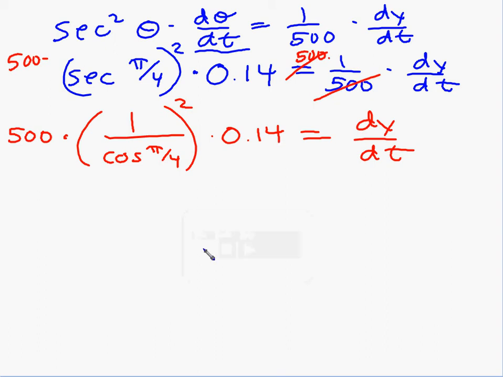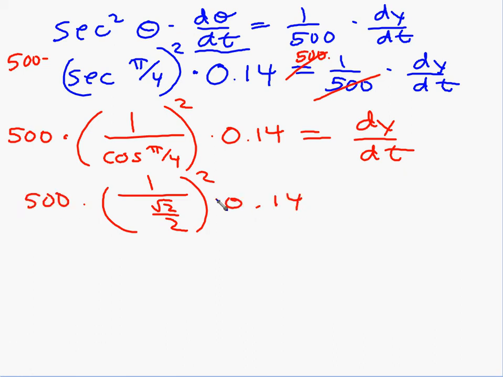So now the cosine of pi/4, that's one of those values, that's like 45 degrees. This is 1 over radical 2 over 2, the quantity squared, times 500 times 0.14. Okay, and at this point, honestly, we're going to wind up using our calculator a little bit anyway.